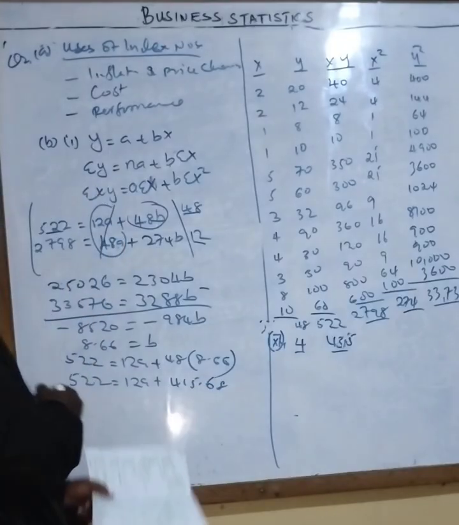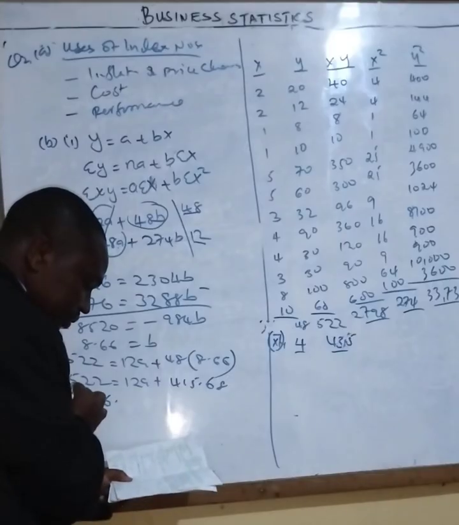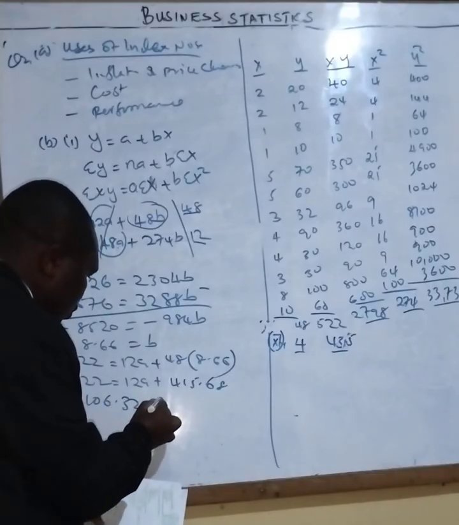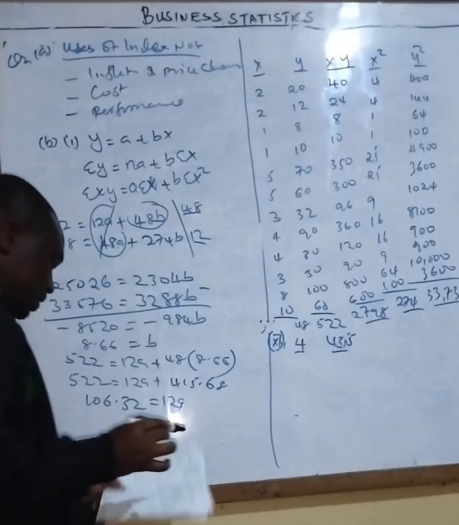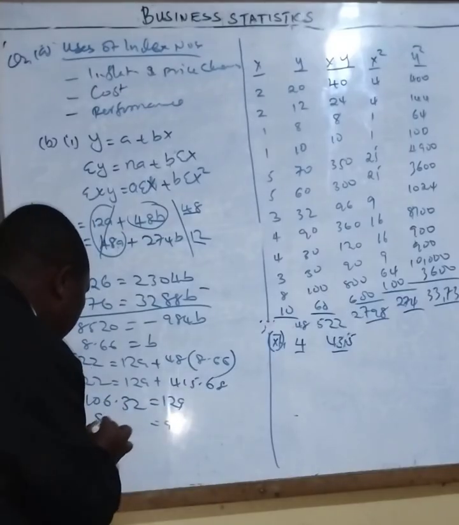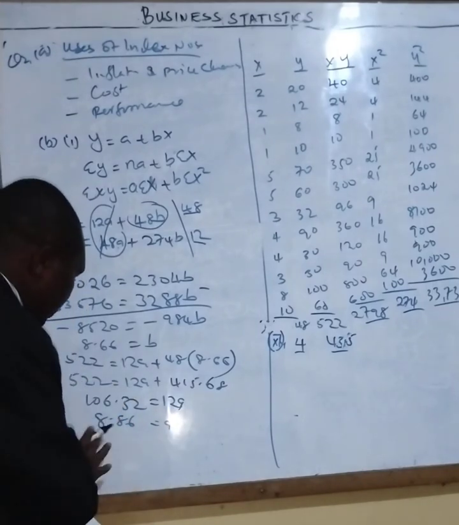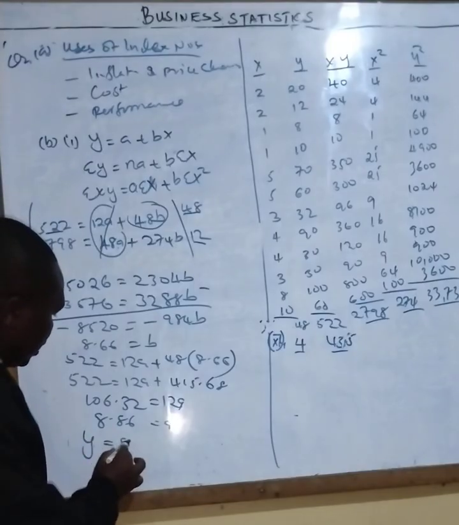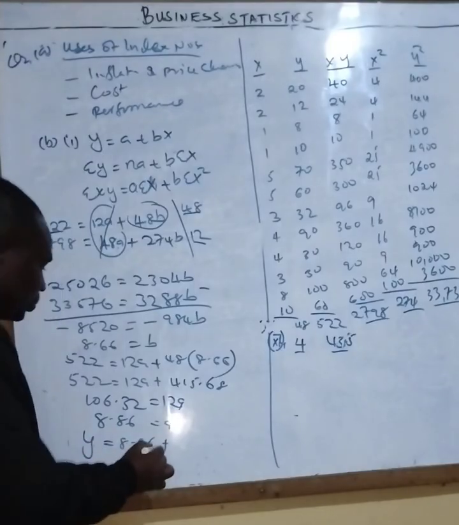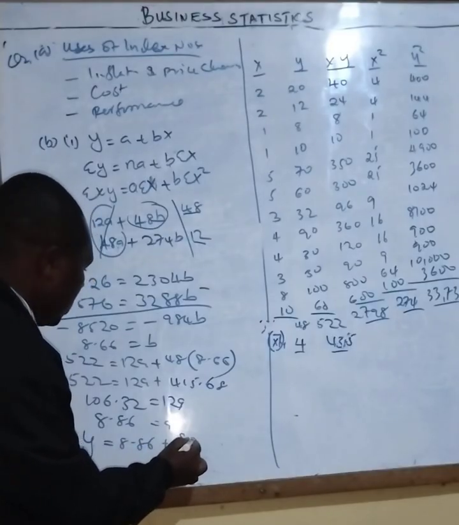Then this crosses to the other side, and your answer is 106.32 equals 12a. So your a is 8.86. Then what is your y now? My y is 8.86 plus 8, b was 8.